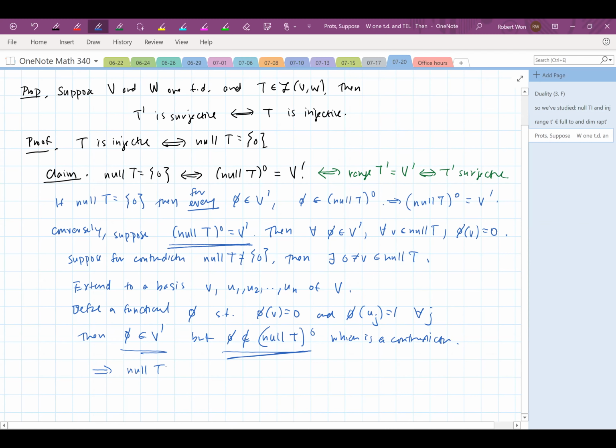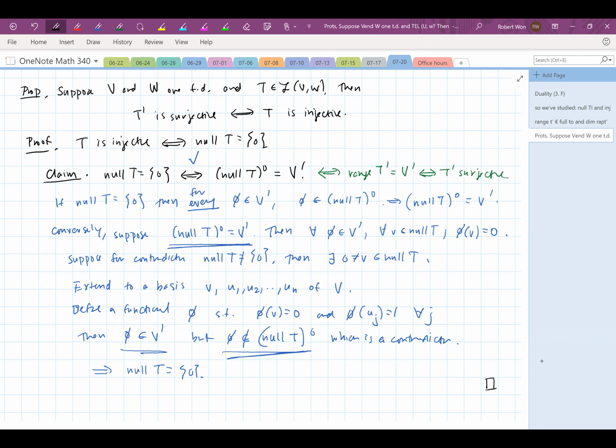That means the null space must just be trivial, which shows that this implication is correct both directions, which, as we discussed before, proves that T is injective if and only if T dual is surjective. Okay.